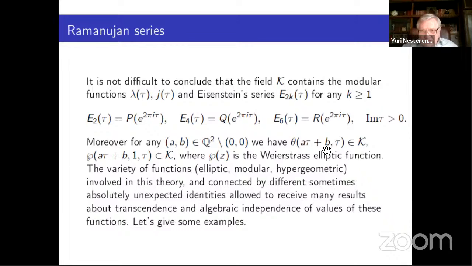And if you put here instead of z this combination with rational a and b, this will be a function from the field K. Another example, the elliptic function of Weierstrass with algebraic invariants, where we put instead of z this combination, will be an element of the field K.